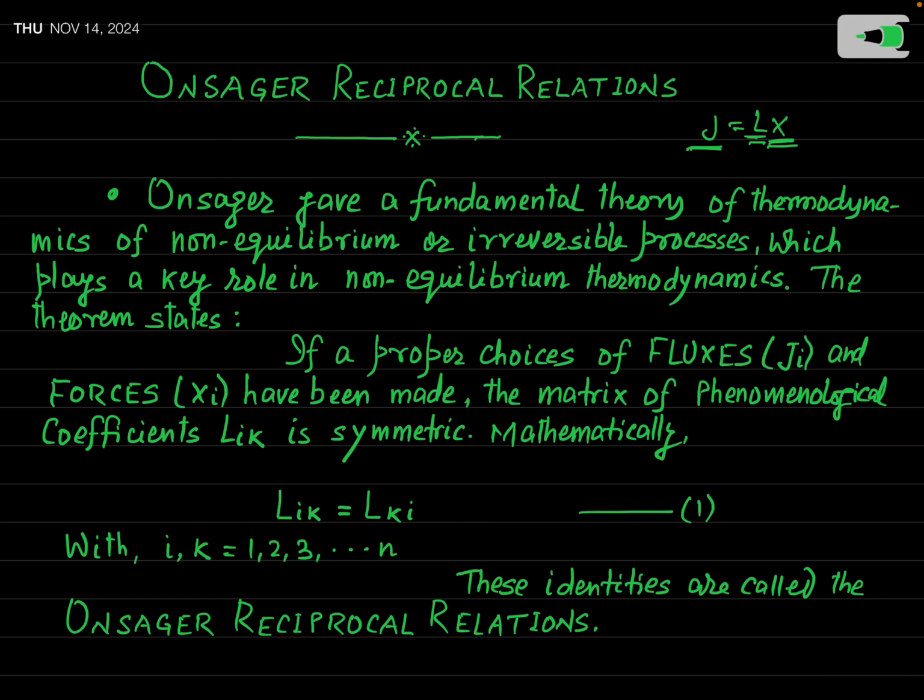Now, the most important, or you can say the fundamental, theory of thermodynamics of irreversible processes was given by Onsager. This theory is a very important theory for dealing with the problem of thermodynamics of irreversible processes, and so we simply say that the Onsager reciprocal relations play a key role in non-equilibrium thermodynamics or in irreversible processes.